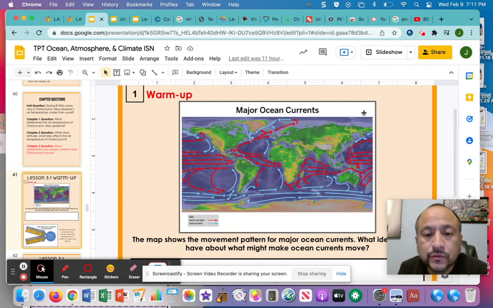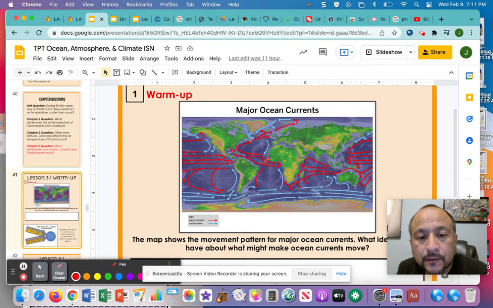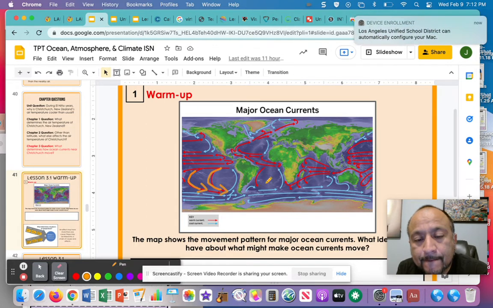So how do these currents that you see here, they're moving, some of them in half circles, right? And we know that the red currents that we see here are warm. We know that the currents that you see here are cold and they have low energy. We know that this here is what's called a gyre, which are ocean currents that move in a circular motion.